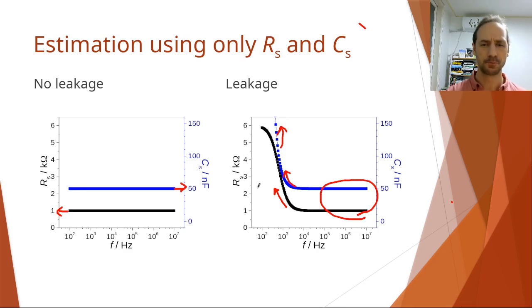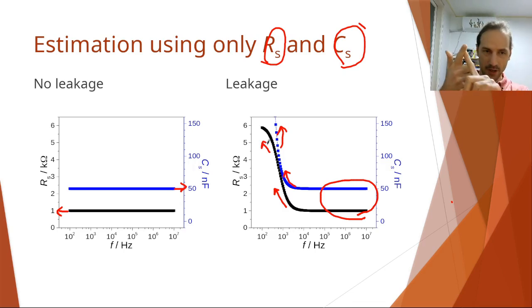The capacitance of the capacitor, or if you calculate the dielectric constant from the capacitance, is not going anywhere. What is unstable here is that our approximation of using only RS and CS is not working. So this is actually not a measurement error, not instability in capacitance and resistance in our material. This is just simply we are using the wrong model.